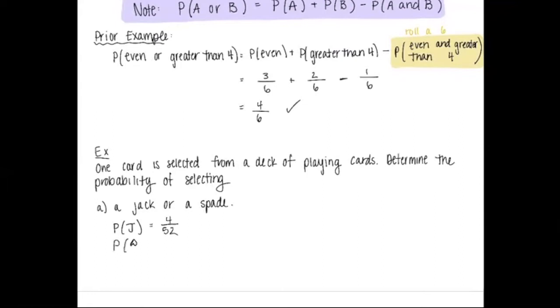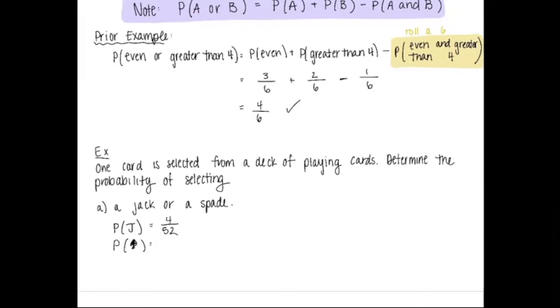What's our probability of getting a spade? Where's the 4 go? It'll be on the bottom, actually. So spades is one of the suits.